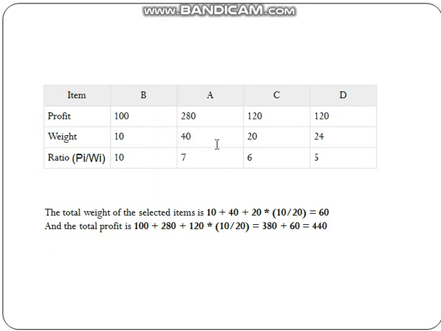Now we can afford only 10 more weight, so here we need half of C. If we take half of C, we get half of its profit. So the selected items are the full part of B, the full part of A, and half part of C, and the total profit here is 100 plus 280 plus 120 by half, means 60. So the total profit here is 440.